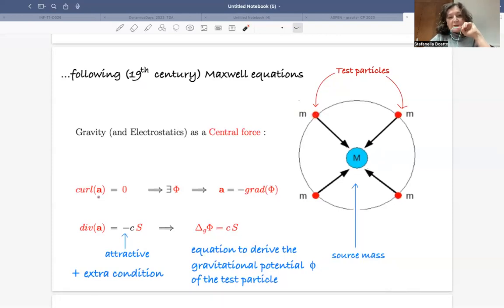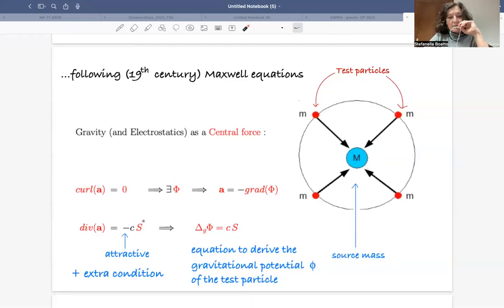Following Maxwell, it is a central force, so it is irrotational. But at the same time there is a second equation, which is not divergence free, because this sphere will be attracted by the central mass and its volume would reduce with time.